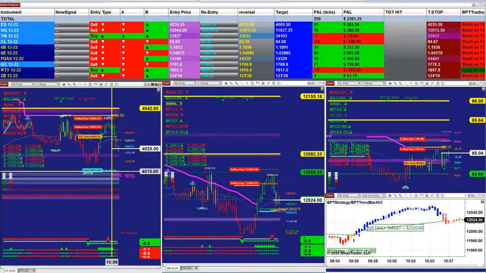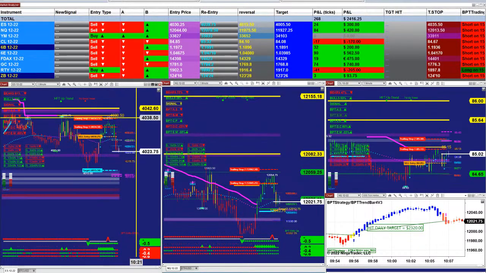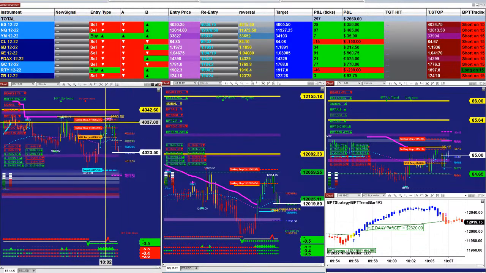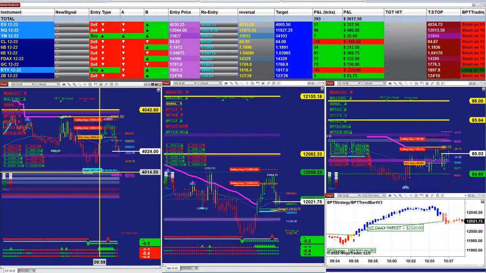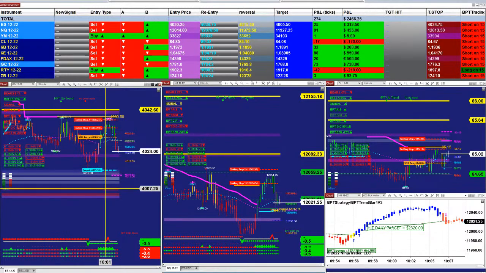If this market decides to drop, it will be only to the 40.15, and it's going to hold in this area. In other words, the resistance is 40.39 and the support is 40.14, and the ES has jammed between those two.